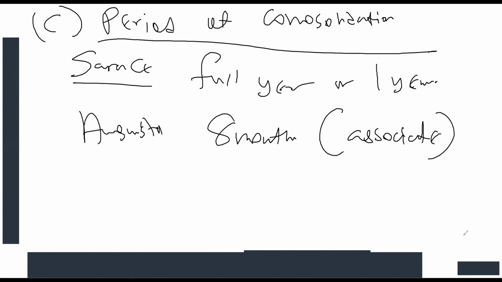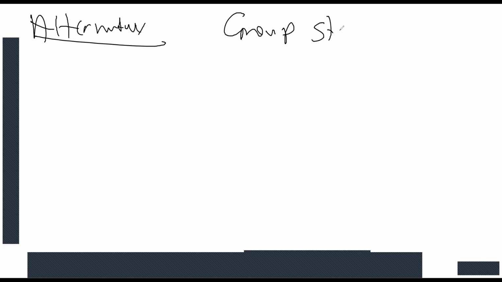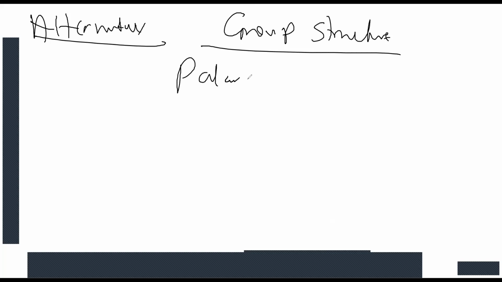However, some people also use a diagram, an alternative to the group structure workings. Some will say group structure. They write Paladin here, Saracen here.